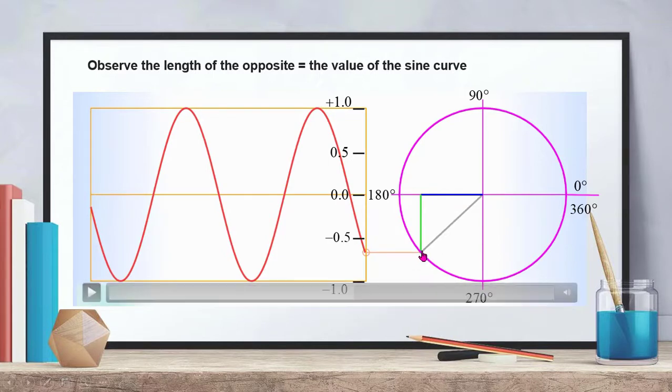This time, the length of the opposite side is negative because it's on the negative side of the y-axis. And the value of the sine curve is also negative.